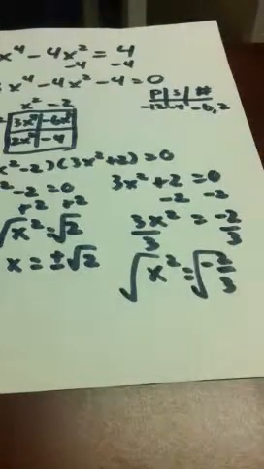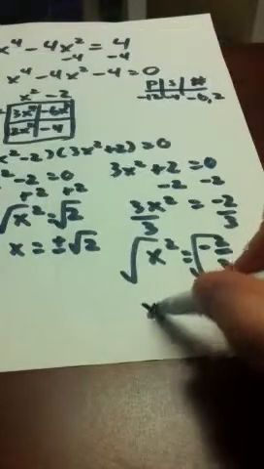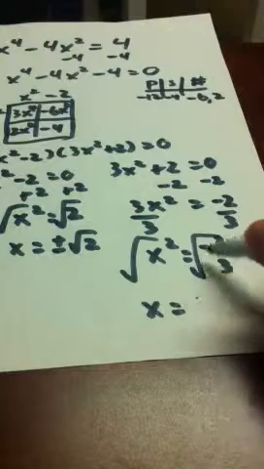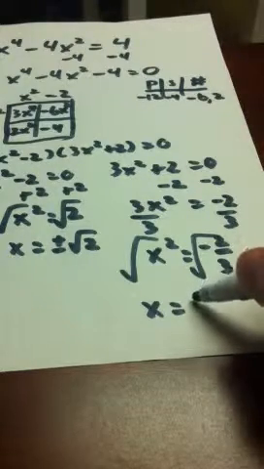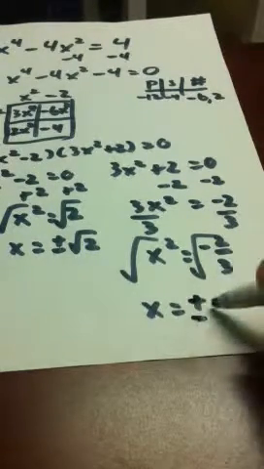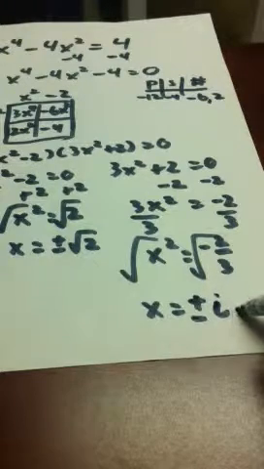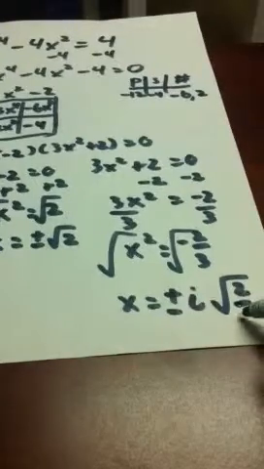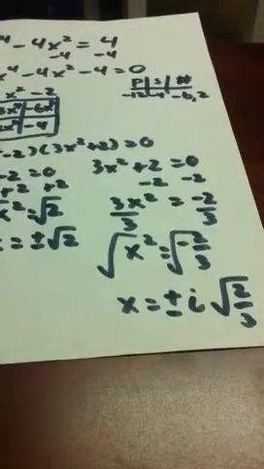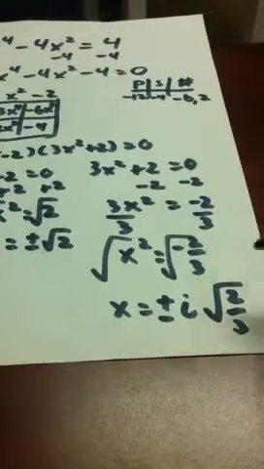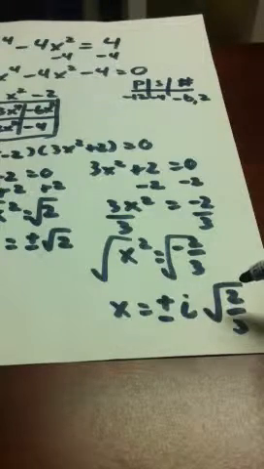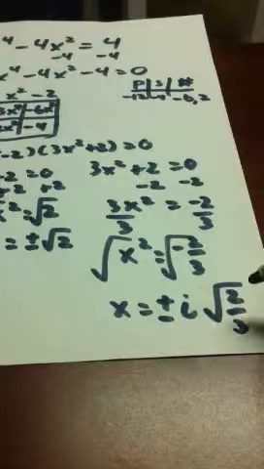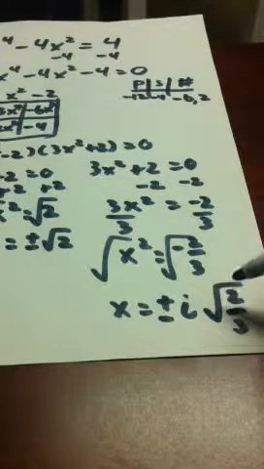Take the square root. X equals, I'm going to get that plus or minus, and since it's negative, I'm going to get that i out in front. So I'm going to get plus or minus i times the square root of positive 2 thirds. Okay. Now, in future we can probably show you how to what's called rationalize this, but I think at this point in time that's probably good enough for us to leave it like that.